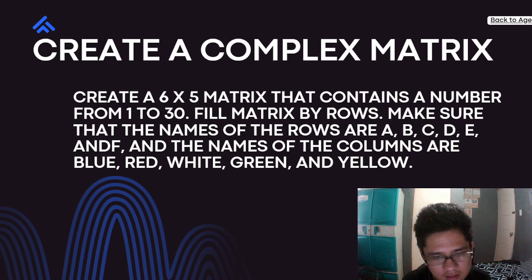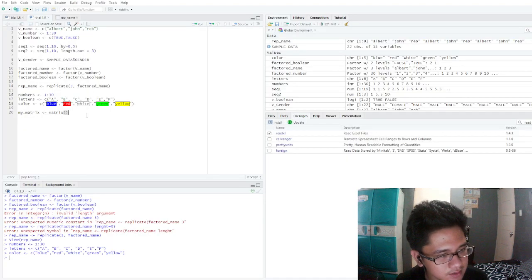So the numbers are inside. So n rows are letters and n columns are colors. Okay, I think I got it now. So the matrix we have here, the numbers are inside, and n rows equal letters, and n columns.